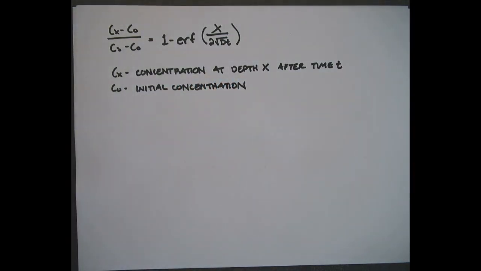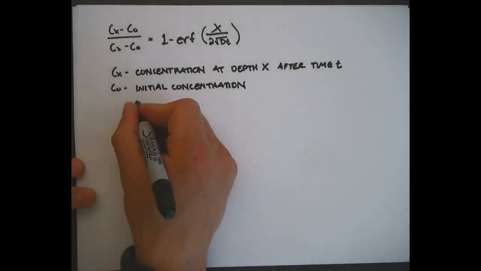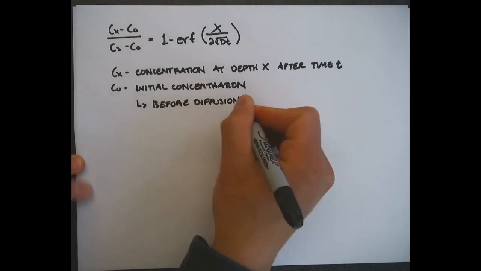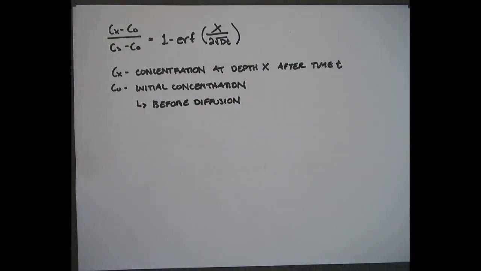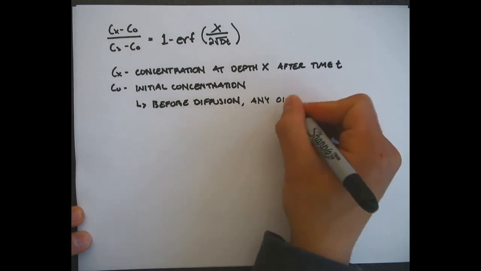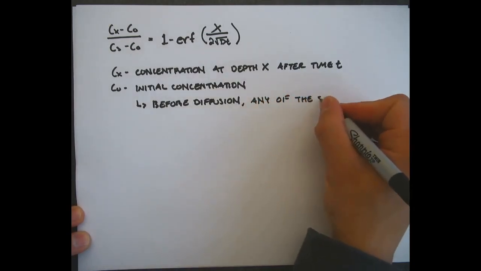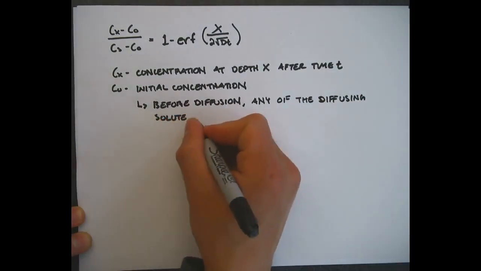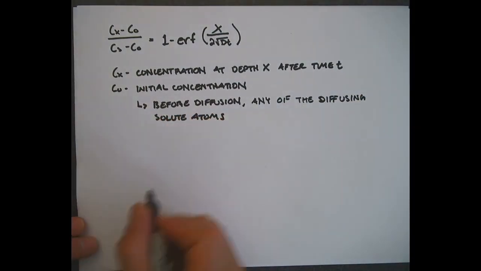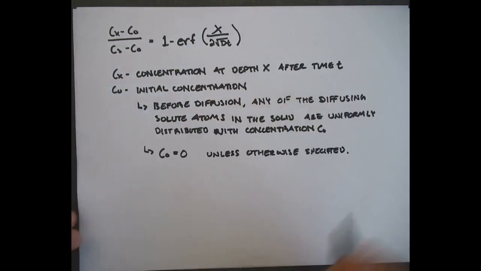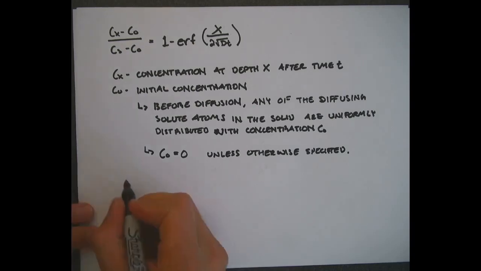The boundary for that is that before any diffusion, any of the diffusing solute atoms in the solid are uniformly distributed with a concentration of C sub 0. What we've seen normally in our equations and our assignments and problems that we've had to work through is that unless otherwise specified, our C sub 0 is normally 0. And that makes sense because our initial concentration, unless diffusion has already occurred, is going to be 0.